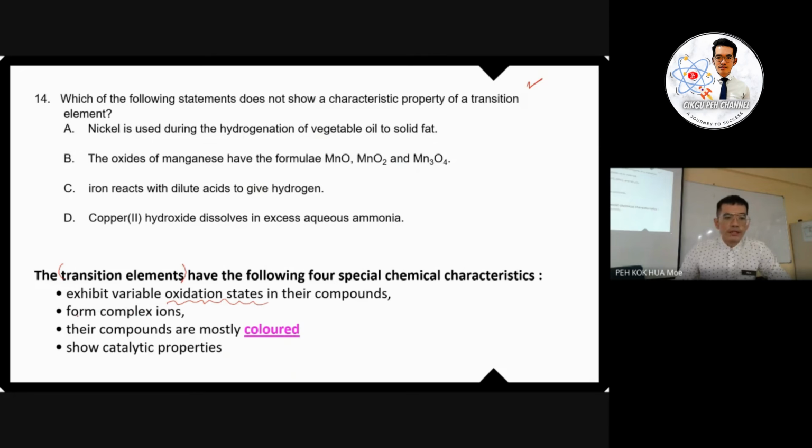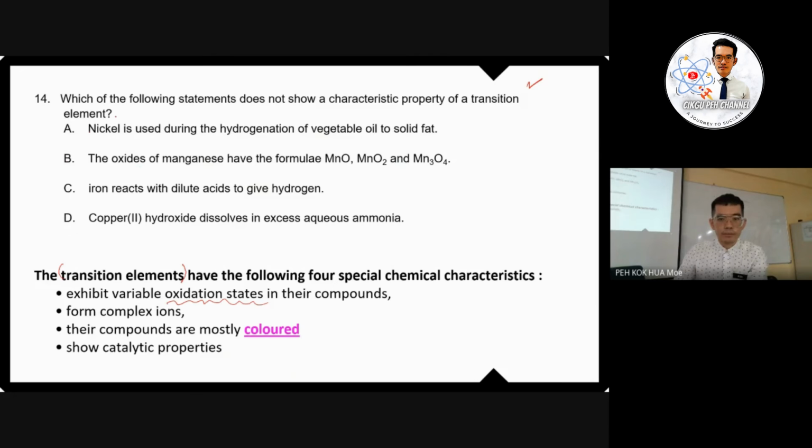Second, the formation of complex ions. Third, normally they have a color, and fourth, they show catalytic properties. So these are the 4 characters for the transition metal.